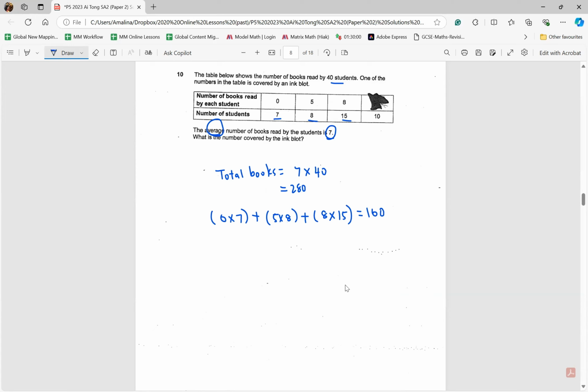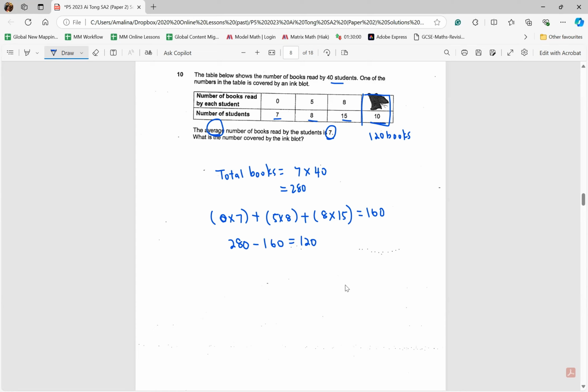I want to find the books read by the last column, subtract. So 280 minus my 160. This is 120 books. So this column is 120 books. How do you find the number covered by the ink blot?